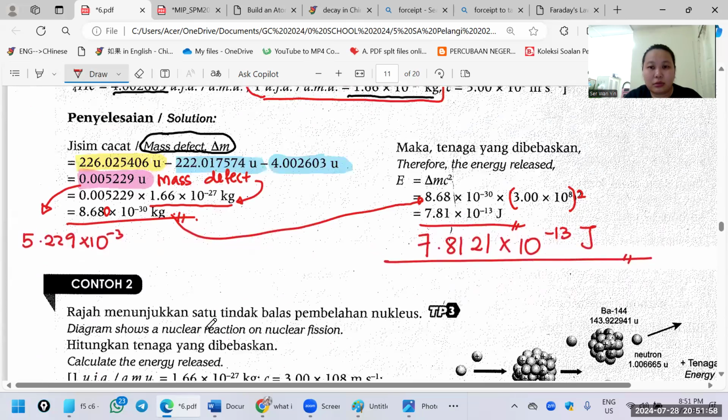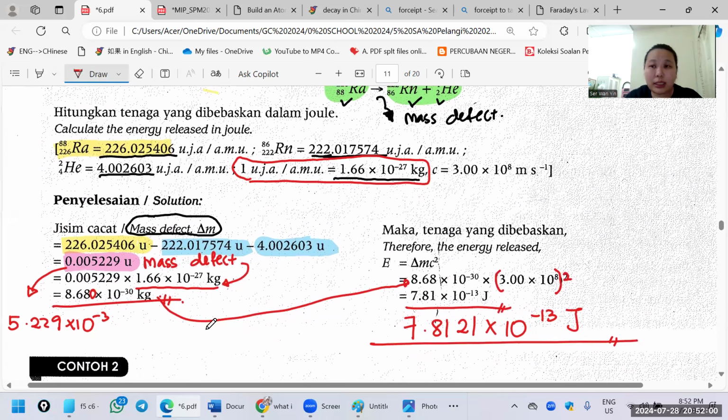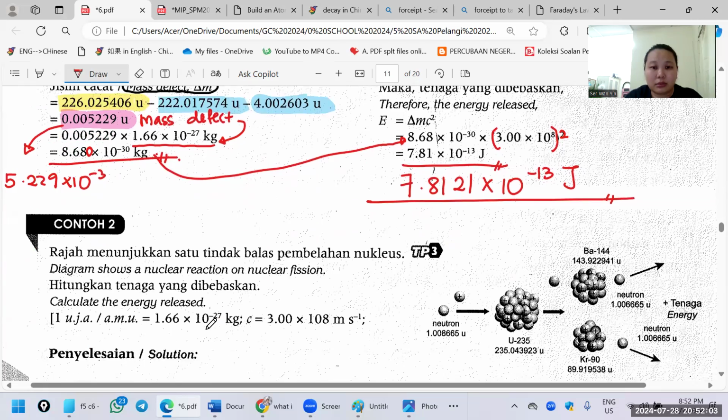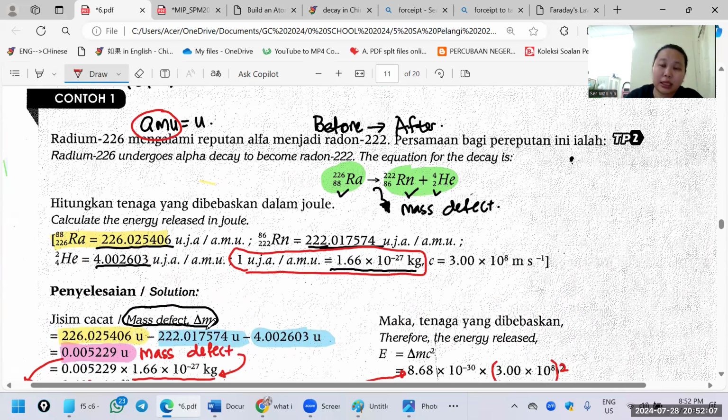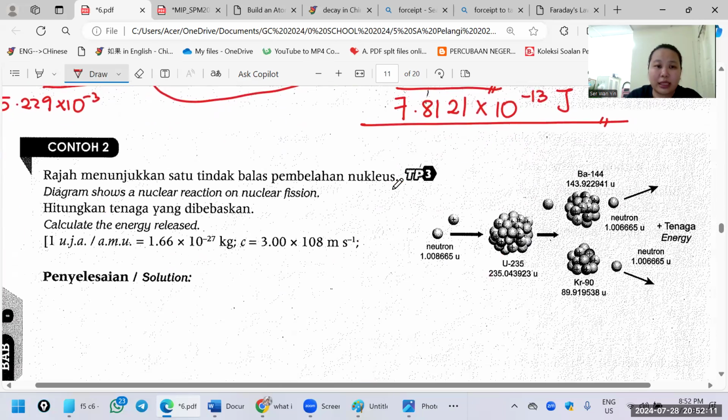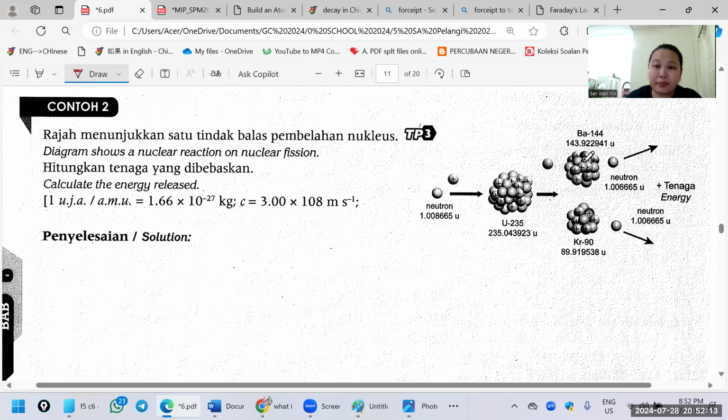Okay guys, here. So now this one. Sometimes they give you an equation, sometimes they give you a diagram.